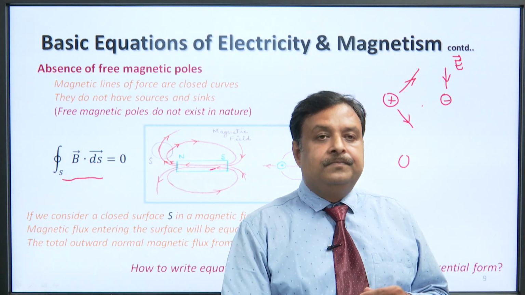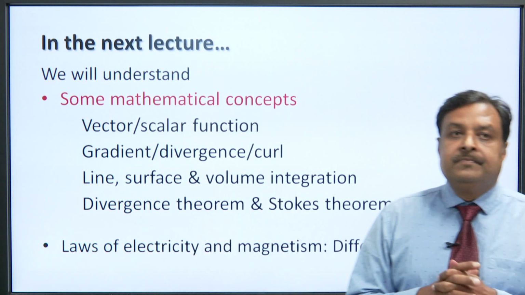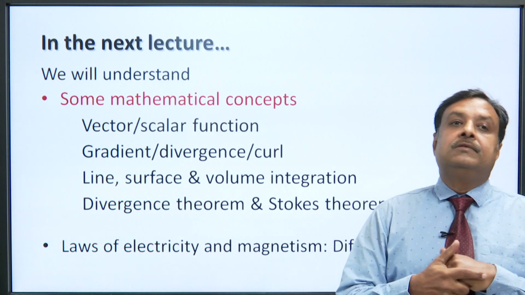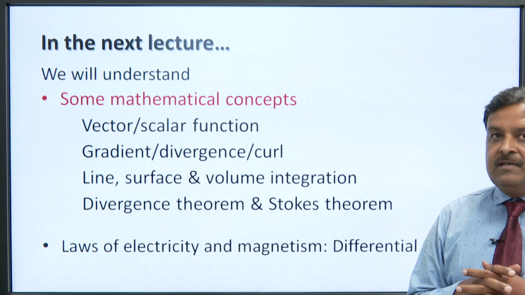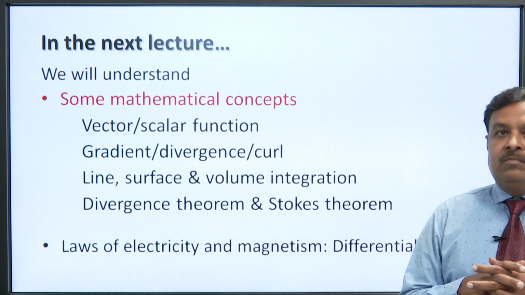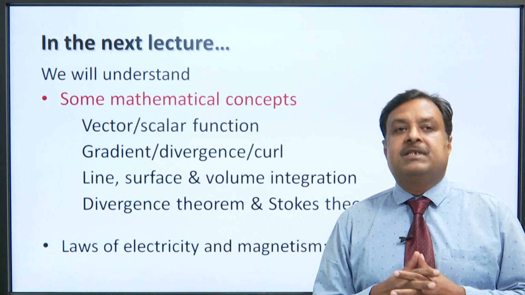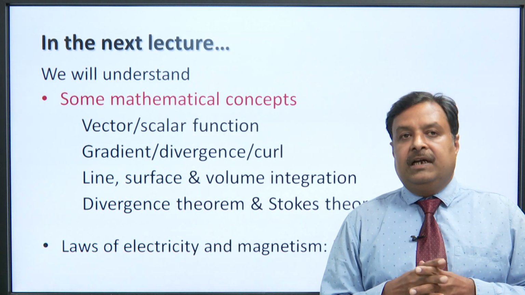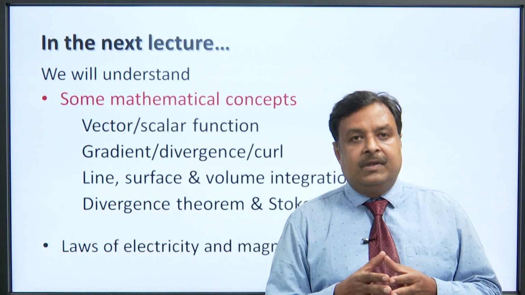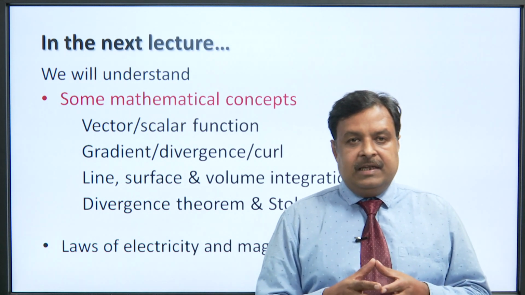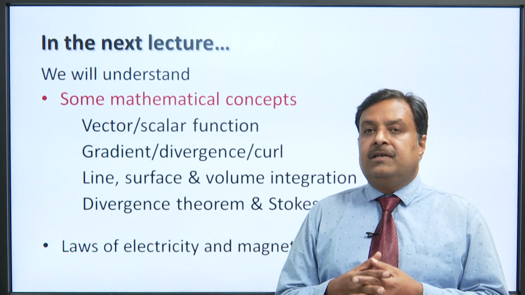Now, how to write these equations of electricity and magnetism in differential form? Before writing these equations in differential form, we will understand in the next lecture some mathematical concepts like vector function and scalar function, gradient of a scalar function, divergence and curl of vector function, line integral, surface integral and volume integral.